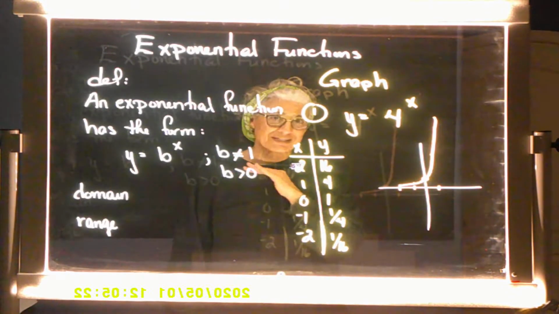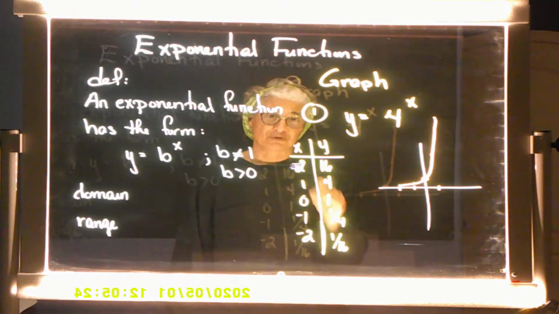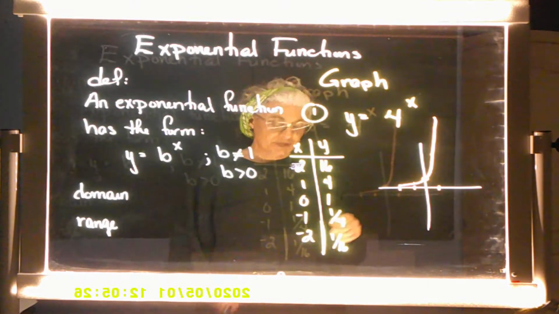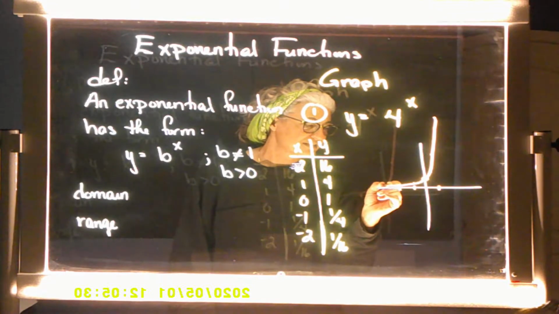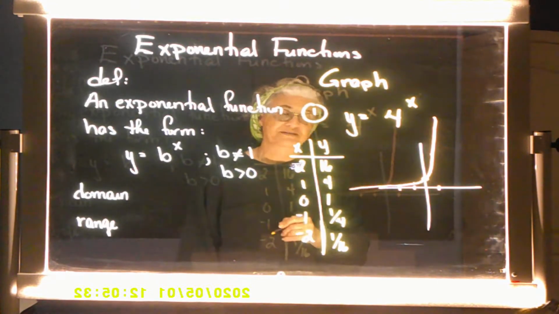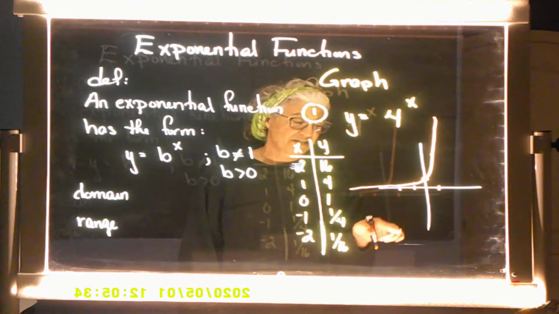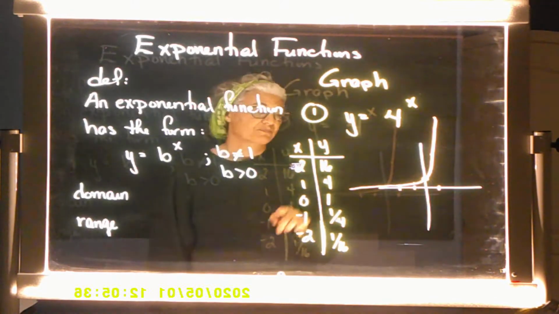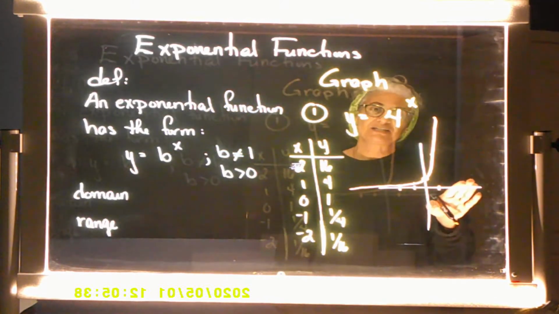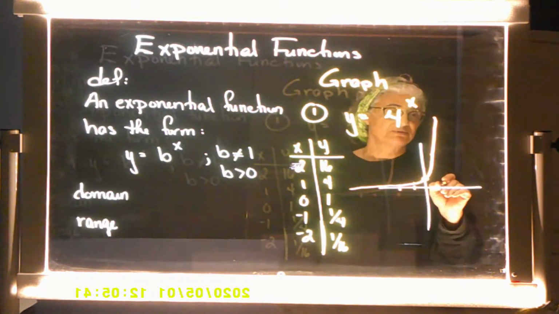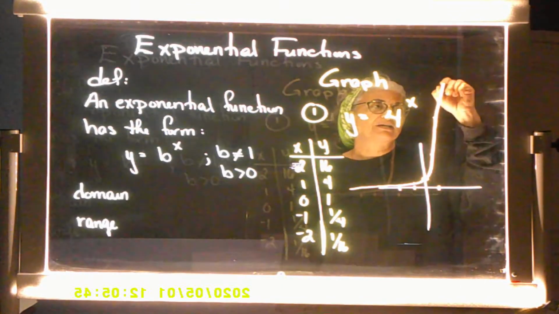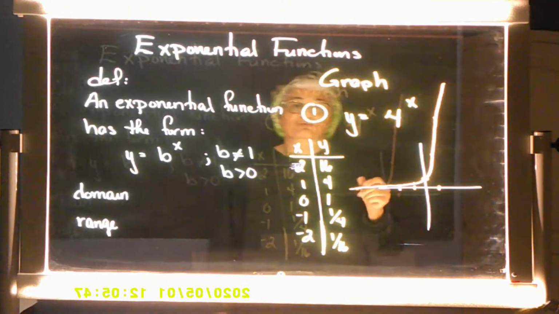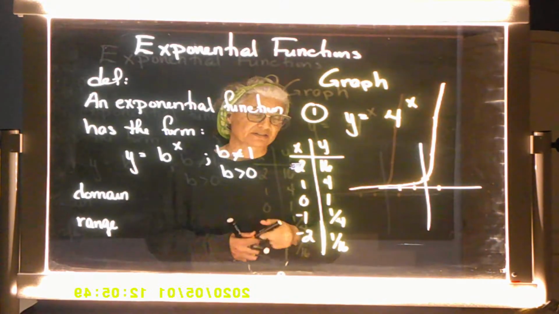So this end of the world, this graph is just skimming along that x-axis, never touching it, never crossing it. Got it? And as I keep plugging in numbers larger than 2, this end of the world, this graph just keeps going up, dramatically, drastically increasing.